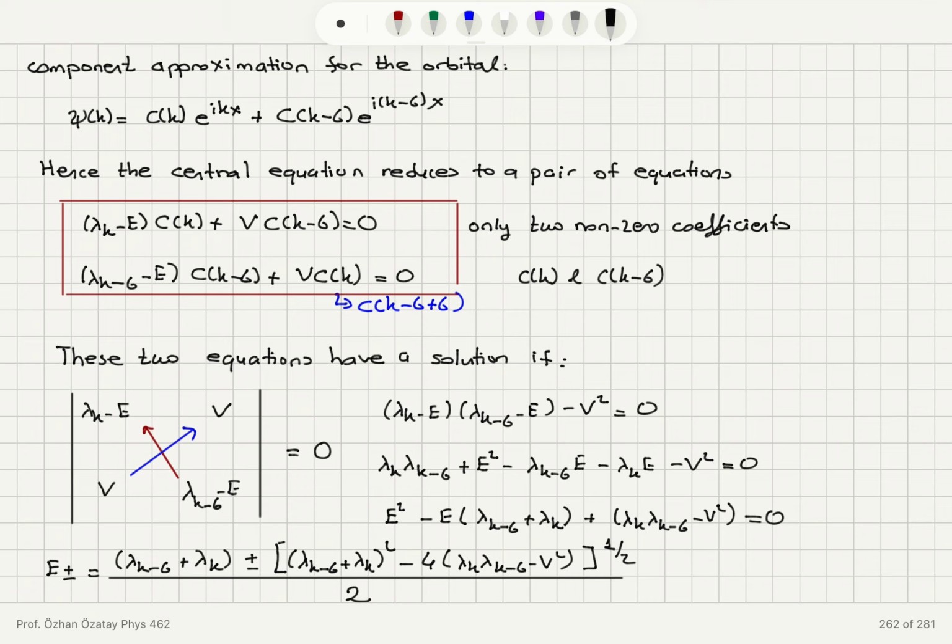So they have a solution when the determinant of the coefficients is 0: (λ_k − E)(λ_{k−G} − E) − V² must be equal to 0.